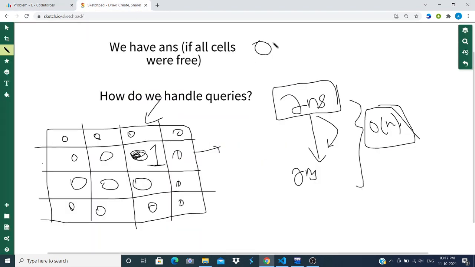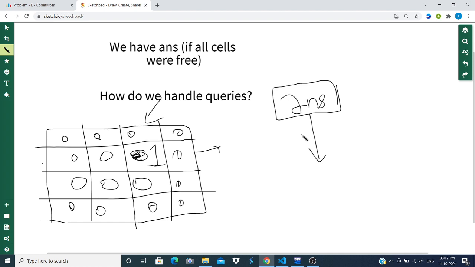So basically we want our solution to be of the order of n times queries or m times queries, it doesn't matter. So how can we evaluate our answer in just order of n or order of m in a single query?